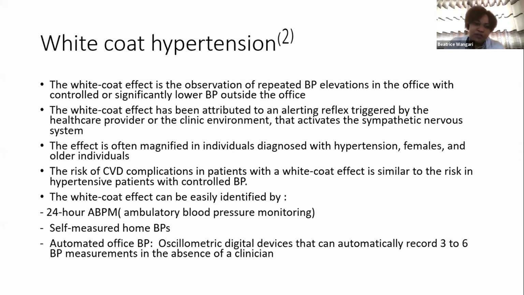Some automated office BP oscillometric digital devices can record a number of BPs without the clinician being in the room. I haven't seen one actually. But I think this might be something new on the market to try and take care of this issue of white coat effect, which makes your decision making when you're managing these patients a little difficult.